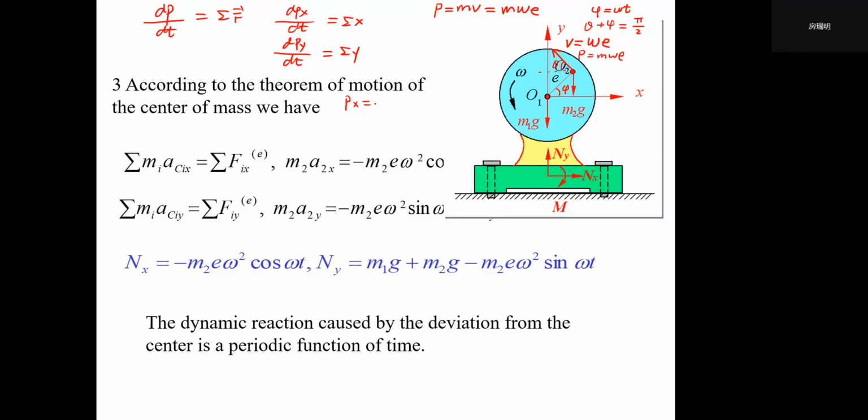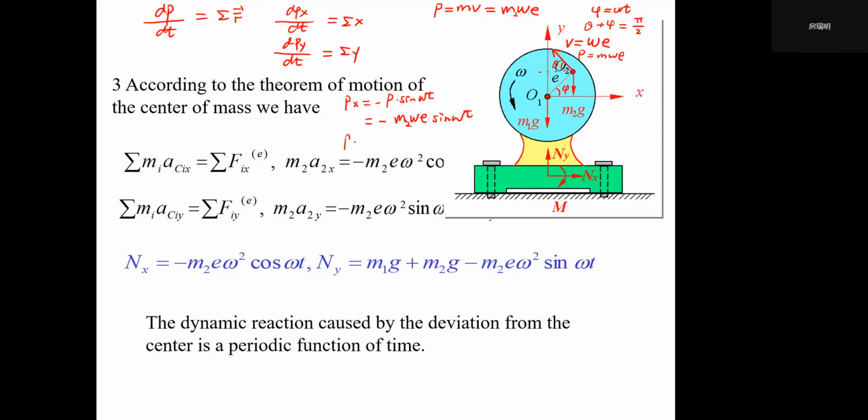So we have minus p times cosine theta, which is sine phi, and sine phi is sine omega t. So px equals m omega e sine omega t. Here m should be its mass, so we should use m2: px equals minus m2 omega e sine omega t.